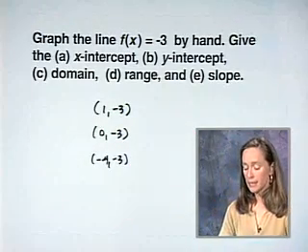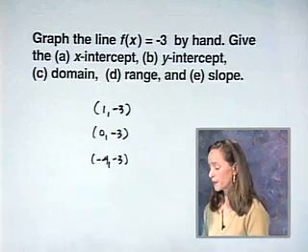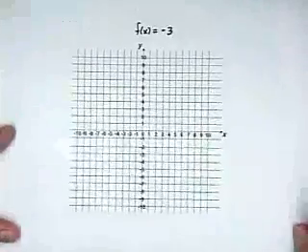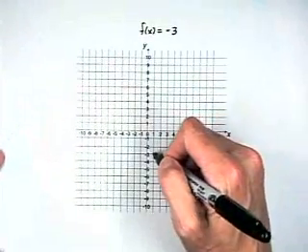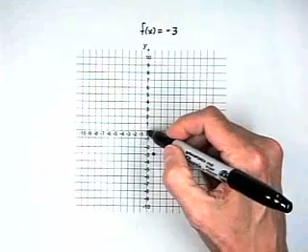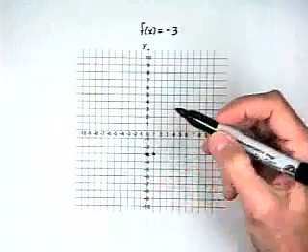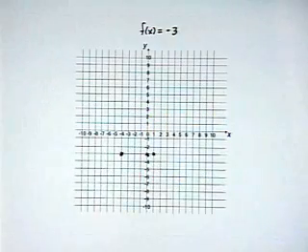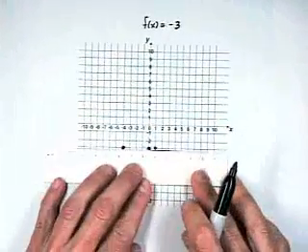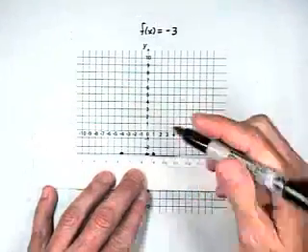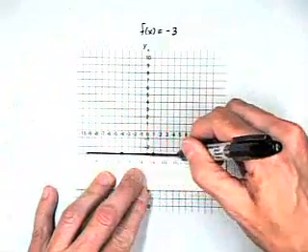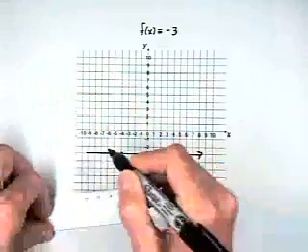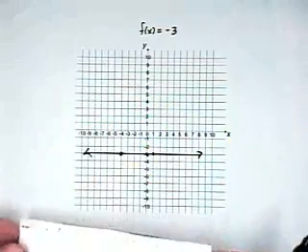Let's plot these and see what the graph looks like. We're going to start with 1, -3, then 0, -3, then -4, -3. Connecting these 3 ordered pairs, here's the graph of the line.